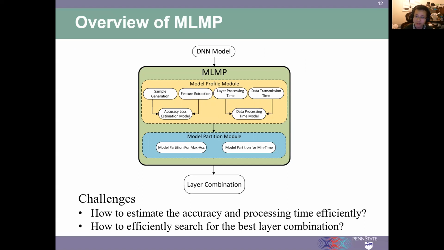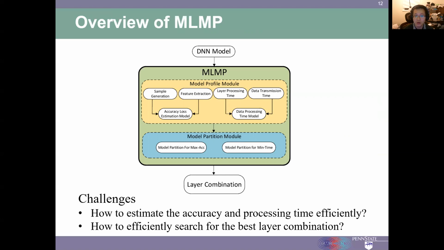In the max accuracy and mean time algorithms, since they only try a small number of layer combinations, we measure the accuracy loss and processing time on the smartphone directly. However, MLMP wants to try more layer combinations, and it is impractical to measure the processing time or accuracy loss of many layer combinations on the smartphone.